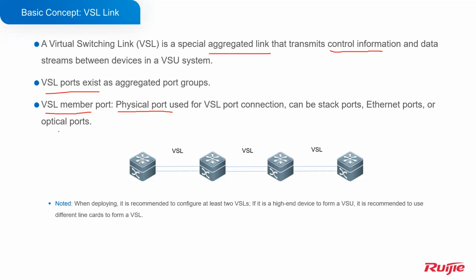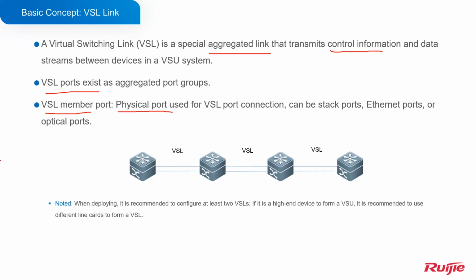And this interface can be selected to become the VSL. Because the VSL is used not only for control messages and user data messages, but also to detect the state of all the switches. So reliability is very important for the VSL link.